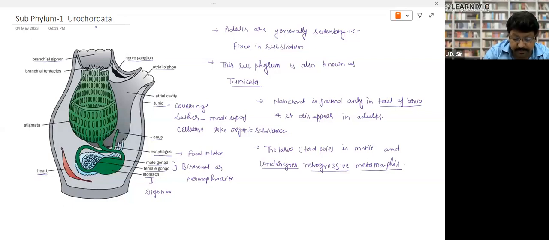Next point. They have valveless heart. Valves are not found in the heart. The name of this organism is Herdmania.